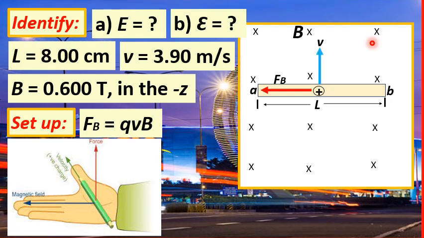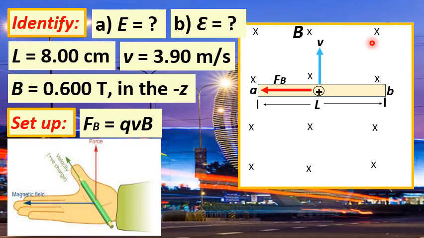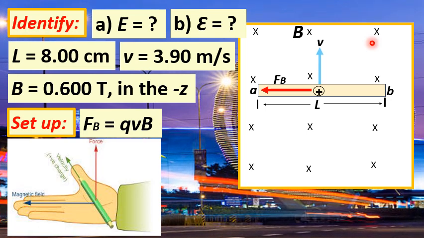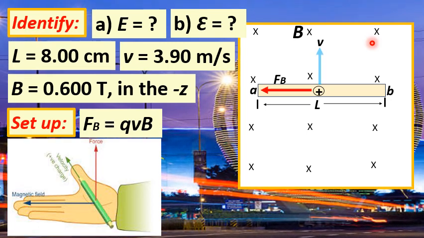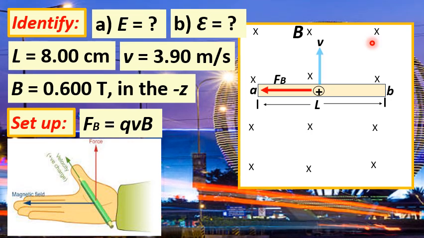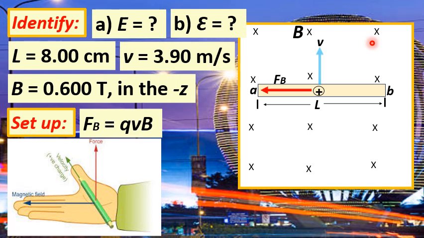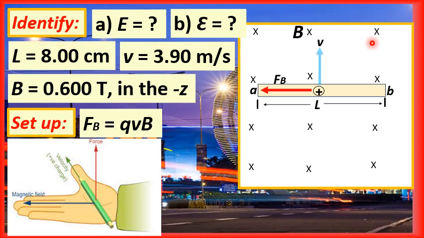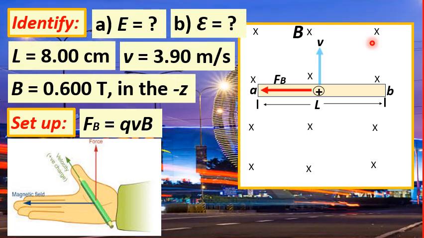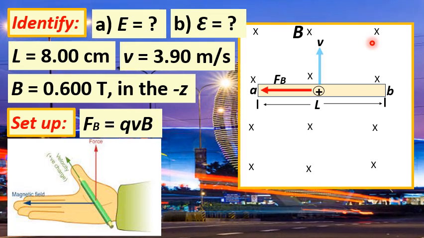That is, extend your thumb and the rest of your fingers such that they form a 90-degree angle. The thumb representing the velocity v must be pointing upward, all right? And the other fingers representing the magnetic field capital B must be pointing into the page.